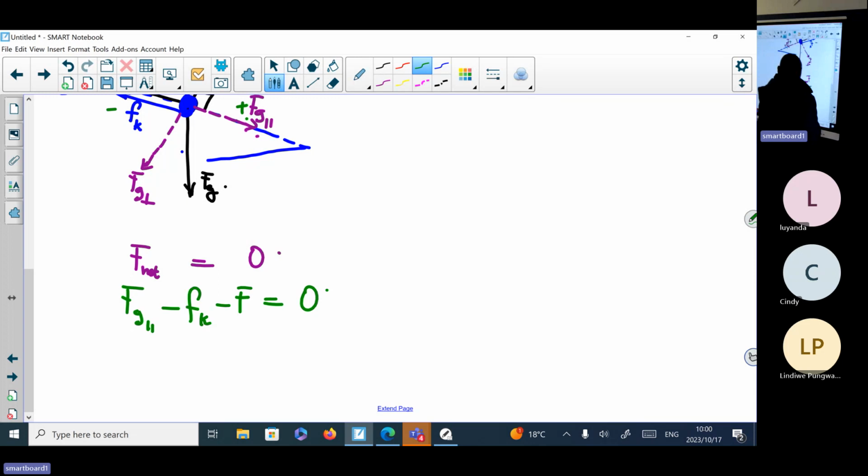And remember, to calculate this Fg parallel, the formula is mg sine theta. This formula will not be provided to you in the examination question paper. You need to know this. So we need to know that Fg parallel is mg sine theta, and Fg perpendicular is mg cosine theta.